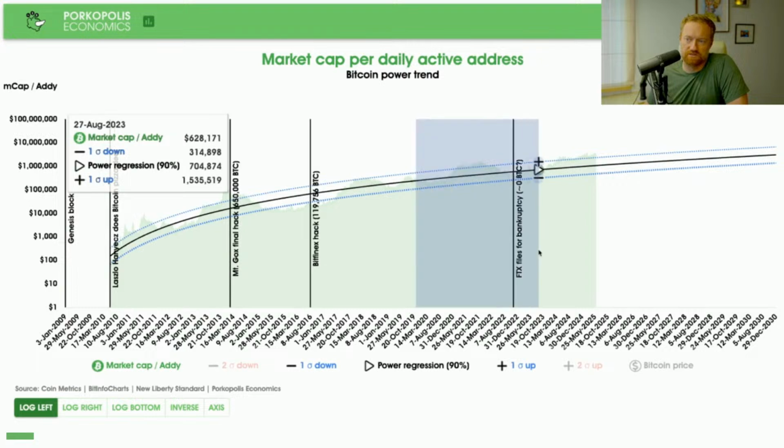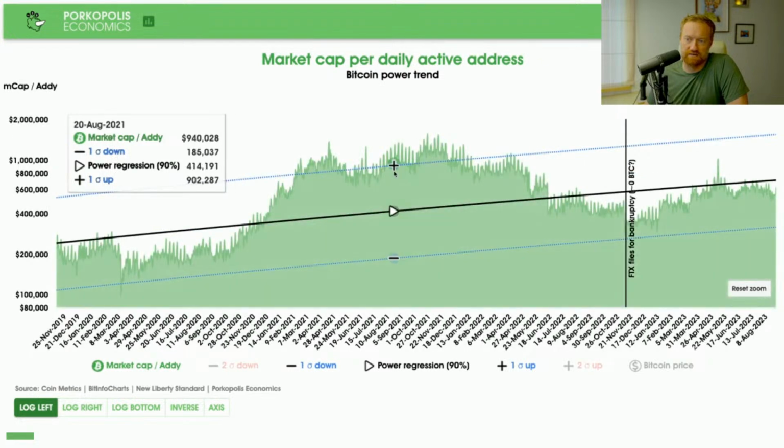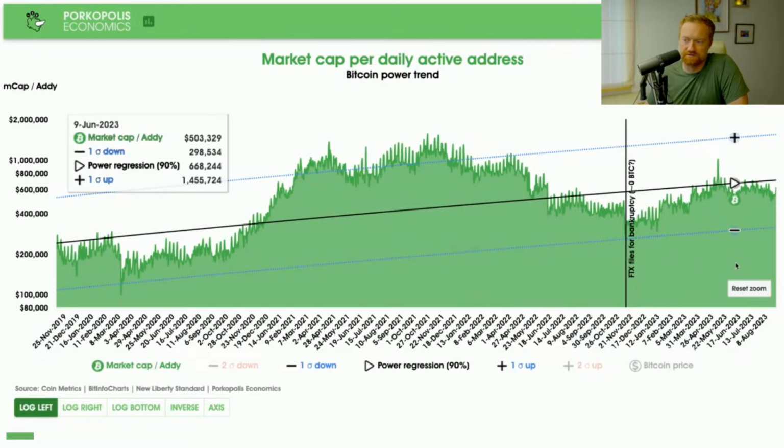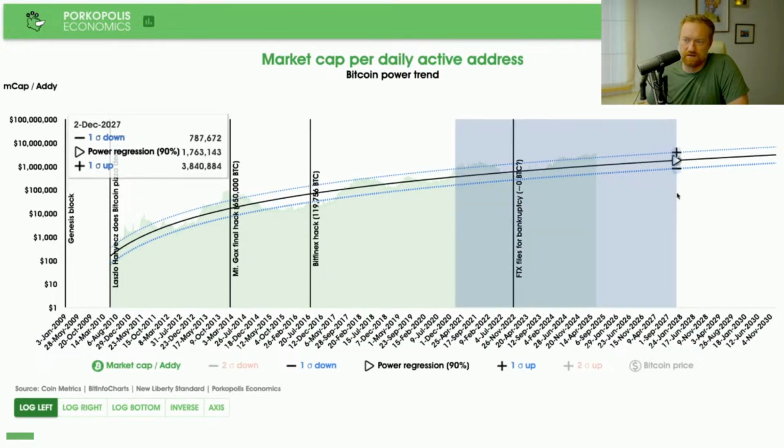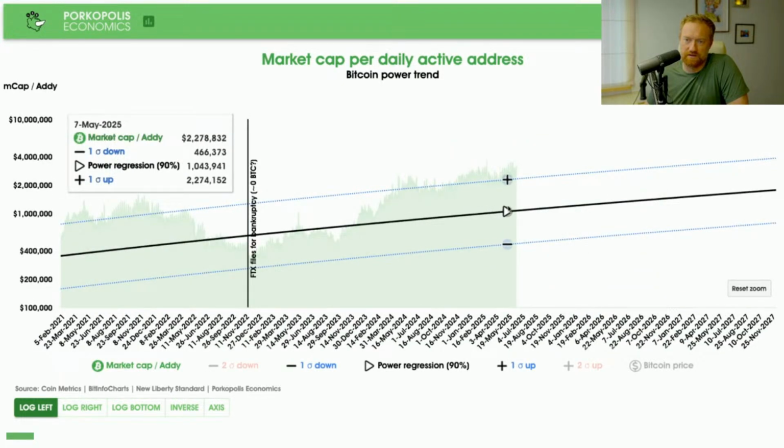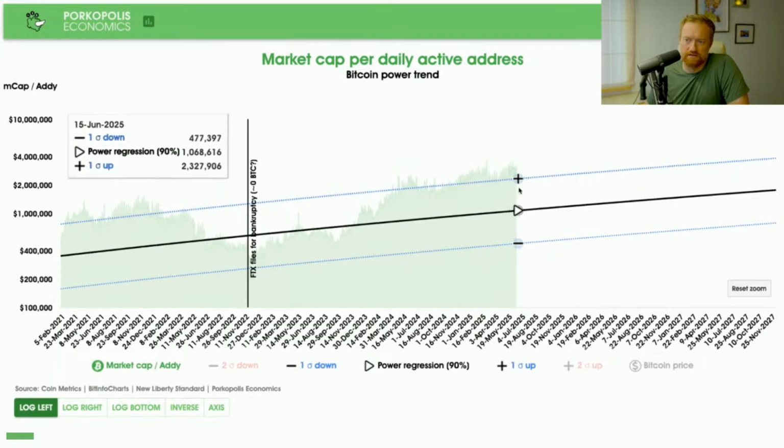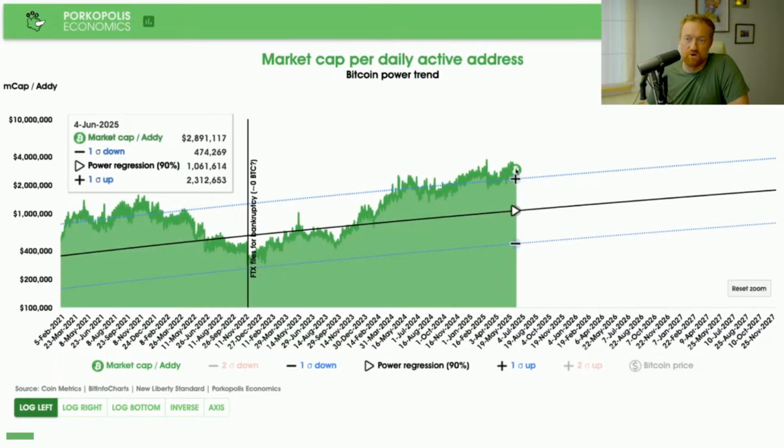Okay, so 2021, again, was riding up above this 2 sigma number, which is basically 2/3 of the time multiple that I'm using here. Don't have dollar signs on those sigmas, but they should be dollars, basically. And now the market cap per daily active address of Bitcoin is $2.9 million.